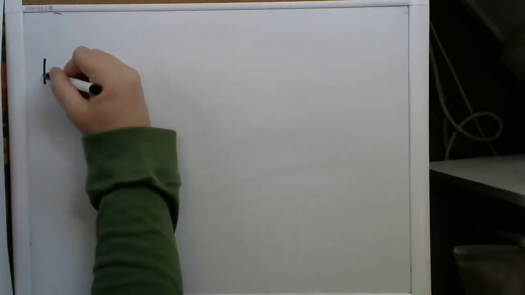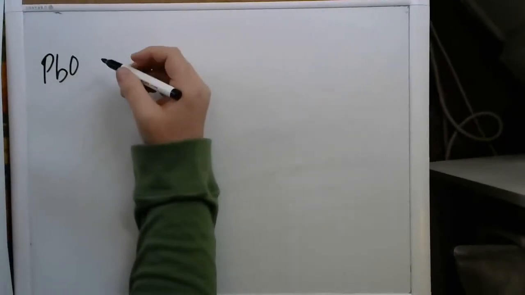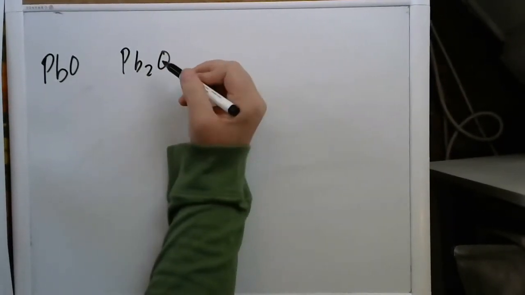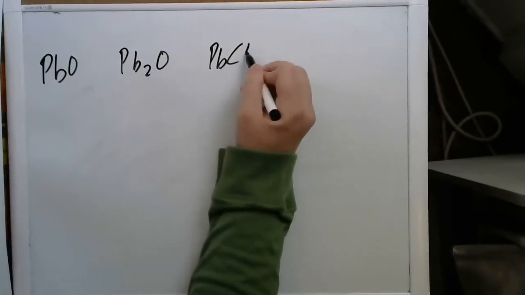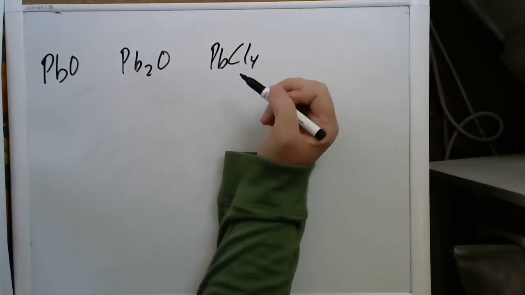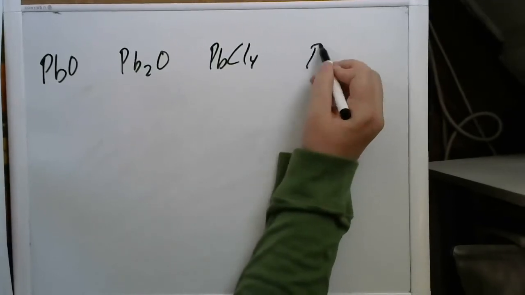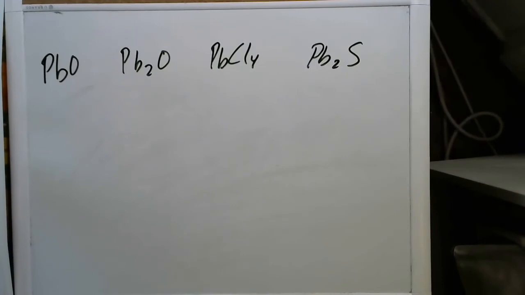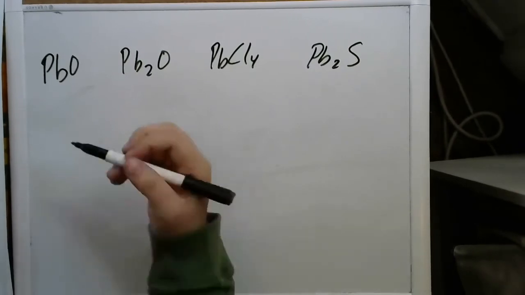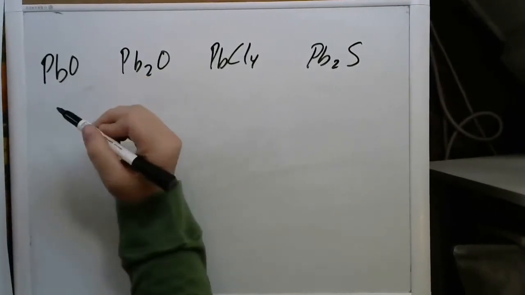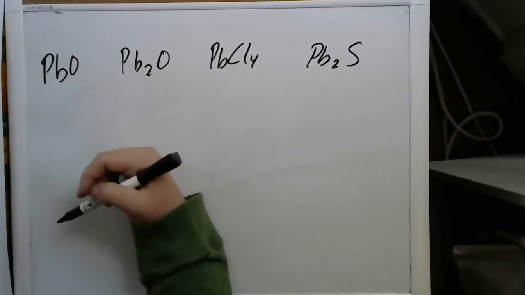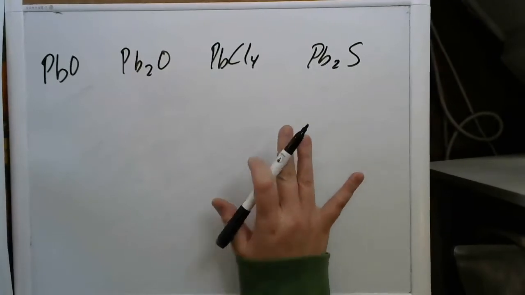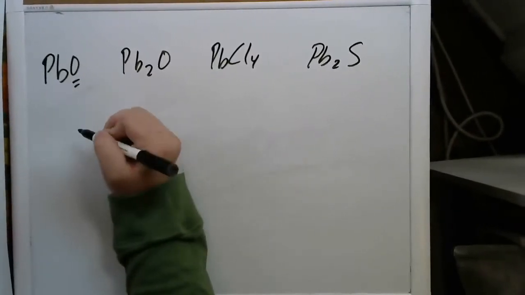So you have PbO, Pb2O, PbCl4, and Pb2S. Okay, so looking at these, you start with what you know, and the things in each of these cases that have the definite charge are the anions.